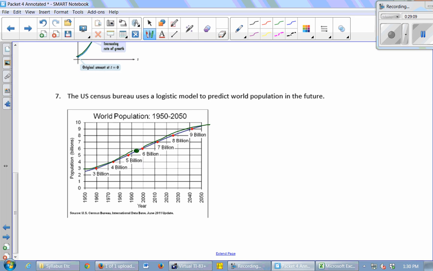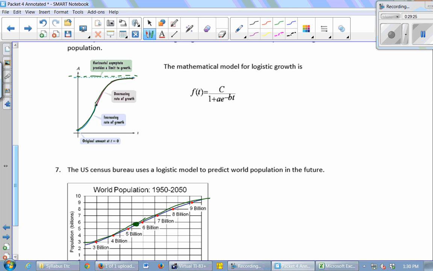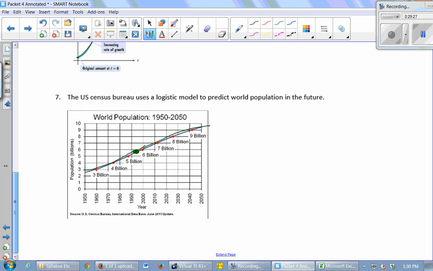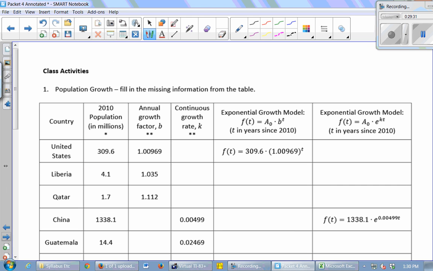So somewhere here, we switched from that growing faster and faster and faster to still increasing, but increasing slower and slower and slower. Again, I won't ask you to do a lot of algebraic things with this model, but I just want you to know that it exists. Yeah. Okay, that's it. You can do some stuff on your own now.